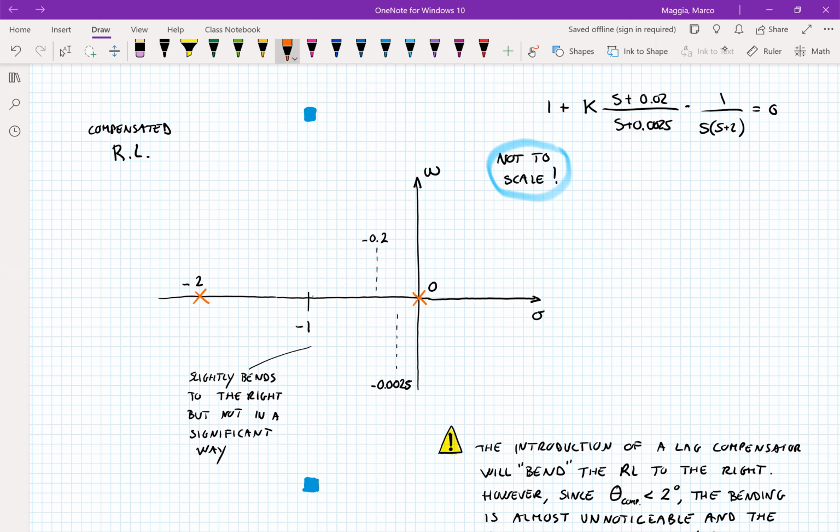Then we have the extra pole introduced by the compensator itself at -0.0025. And then we have a 0 at -0.02. Here we go. Remember that earlier, the uncompensated root locus looked like this.